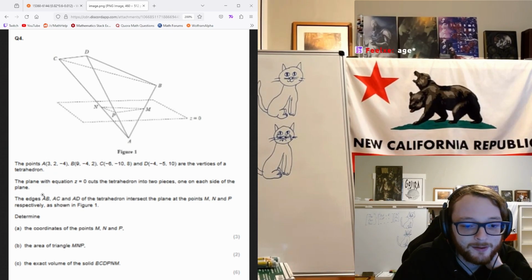The edges AB, AC, and AD of the tetrahedron intersect the plane at points M, N, and P, respectively, as shown in figure 1. Determine the coordinates of the points M, N, and P. The area of triangle MNP. The exact volume of the solid BCDPNM, the truncated tetrahedron, I guess, with the little bottom part cut off. Okay.